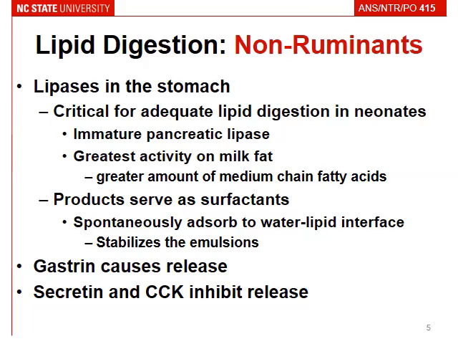It has the greatest activity on milk fat, and that's mainly due to the amount of those medium chain fatty acids that the gastric and lingual lipase prefer. And then their products are also acting as surfactants.